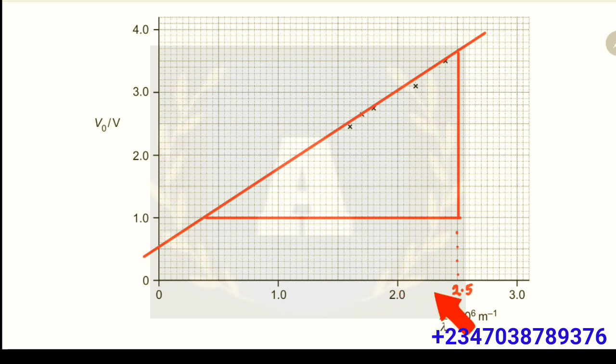If this is 2 and this is 3, this is 0, this will be 0.5, and we have the slope somewhere around here, which is 0.4.